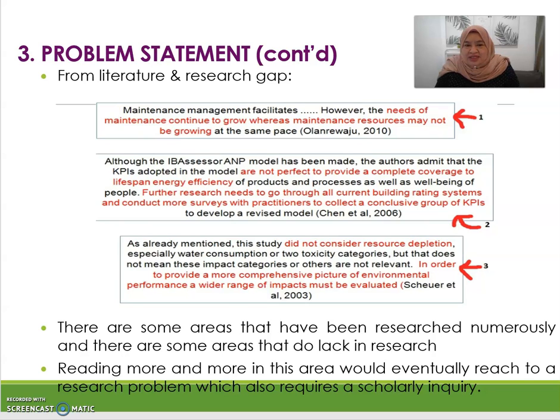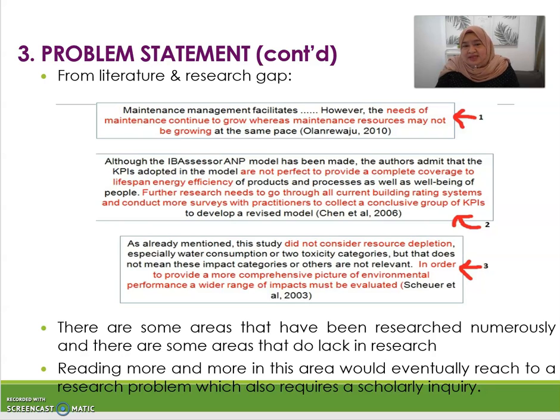However, the needs of maintenance continue to grow, whereas maintenance resources may not be growing at the same pace. So at this stage, the author is trying to tell you that this is a problem, where the maintenance resources are not growing at the same pace as the needs of maintenance.